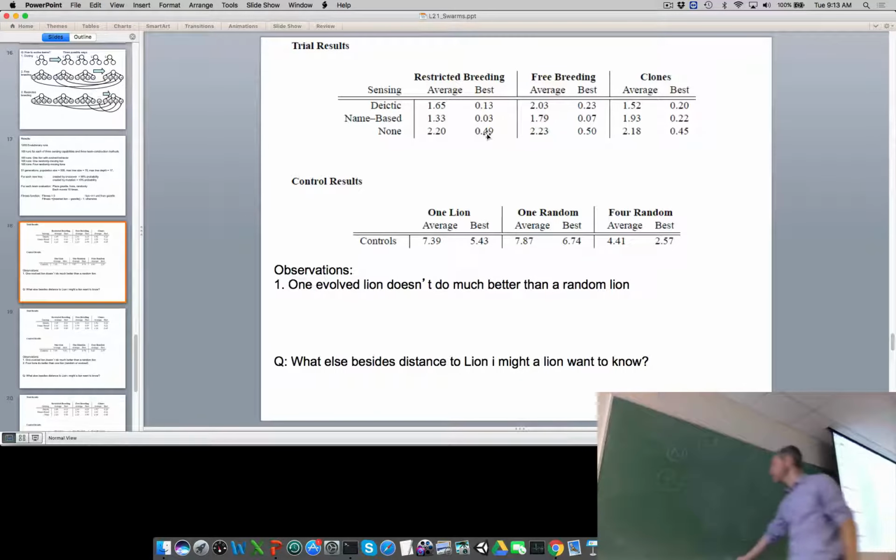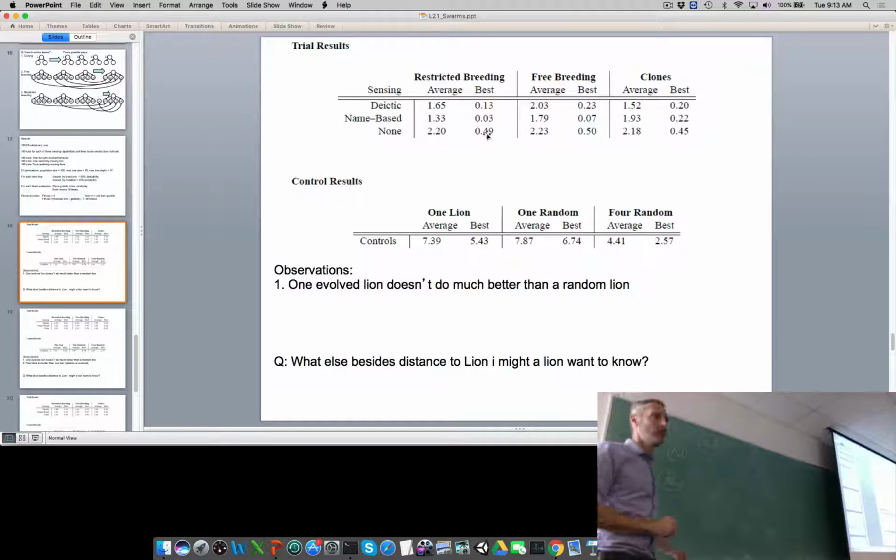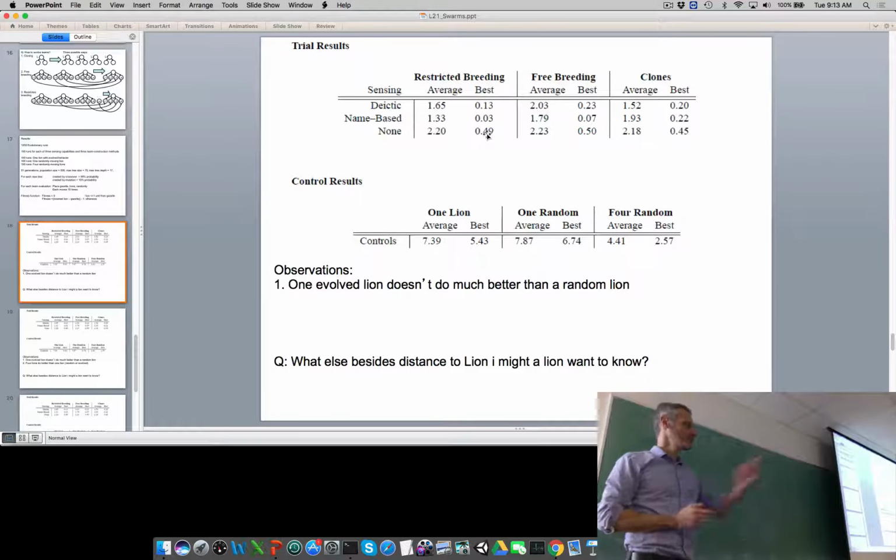Why? So let's imagine that we're all now running this node, which is right lion. Move based on my connection to my right-hand lion. Why is that better? Why is deictic sensing better in this case? We're all moving in different directions, right? My right-hand lion is going to be different from your right-hand lion, right?